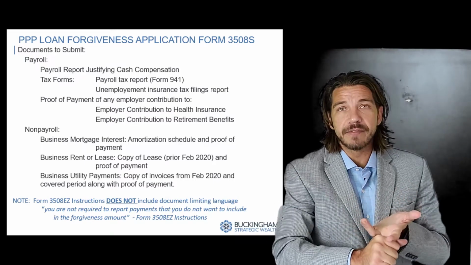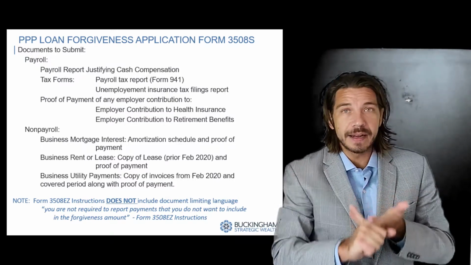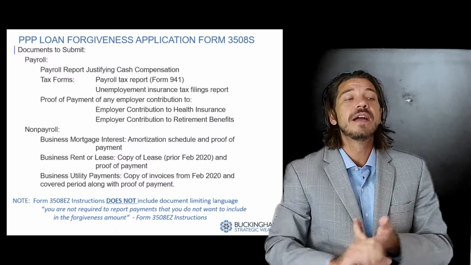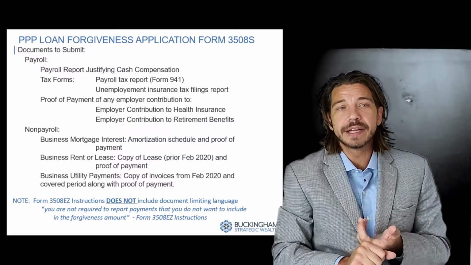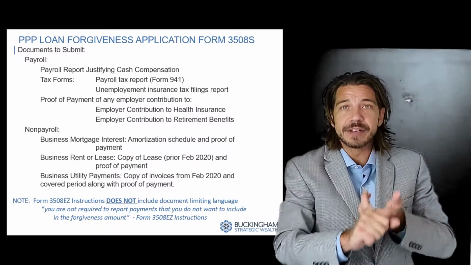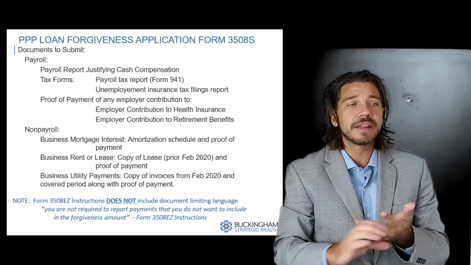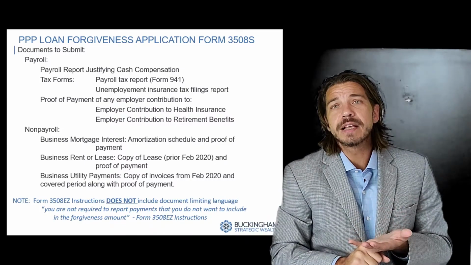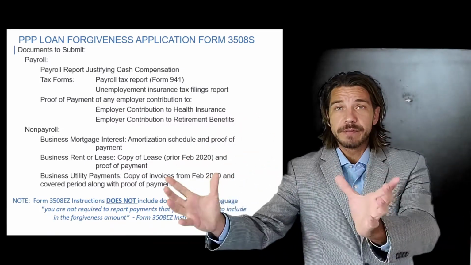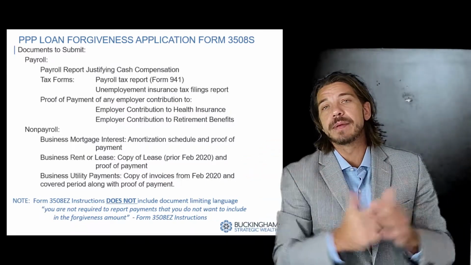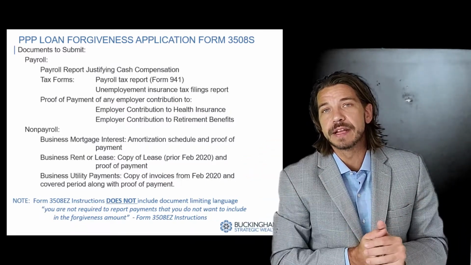You are going to have to provide proof of payment if you paid anything into retirement accounts, or into health insurance accounts. You're going to have to retain your mortgage interest statement, so your amortization statements, or your rent or lease payment statements, and your business utility payments, both for the covered period and for February of 2020, because that's where we're going to be making the comparison in terms of what's the forgivable amount.